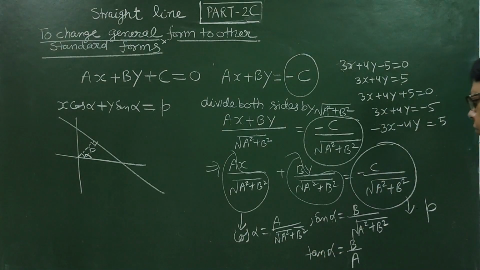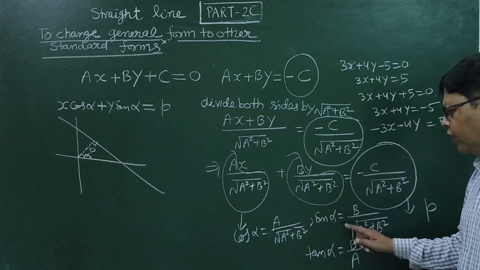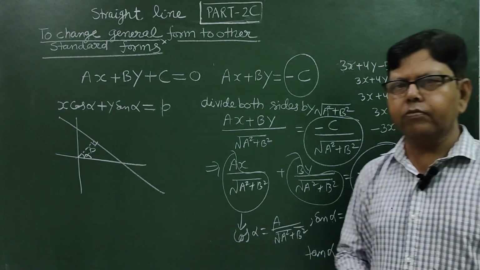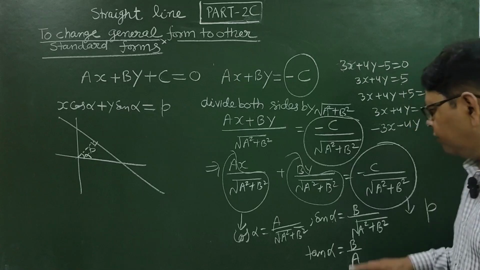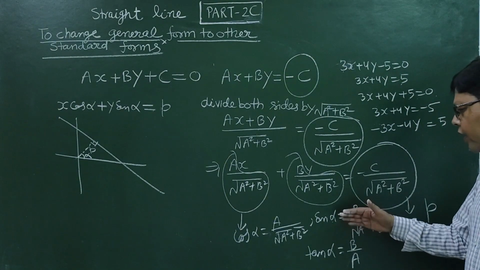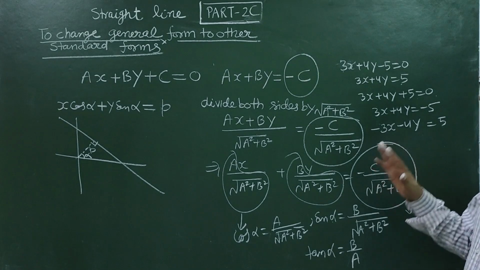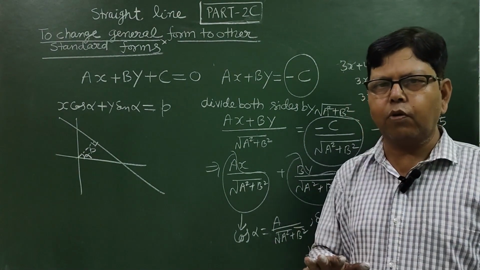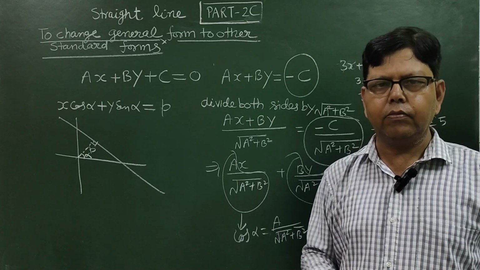So by observing these three values, we can determine the quadrant in which the angle alpha lies. So with this we can calculate alpha, and the value of p is here. So now the equation has been transformed into the normal or perpendicular form.